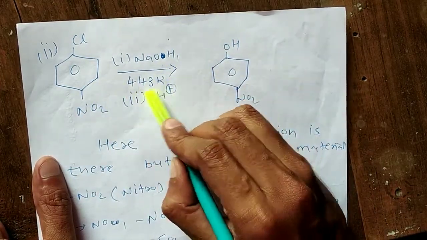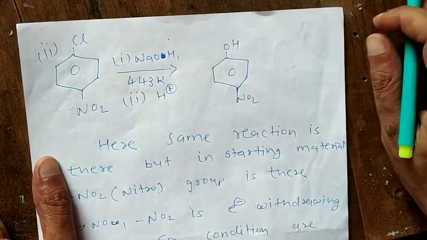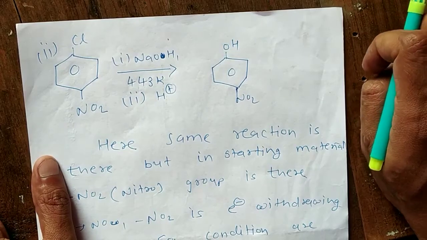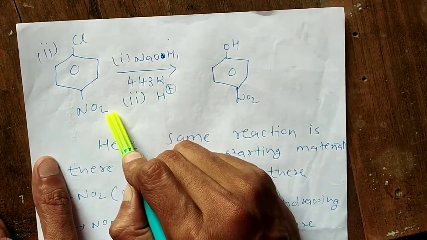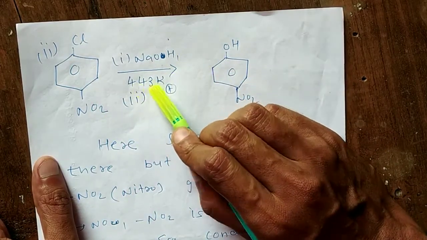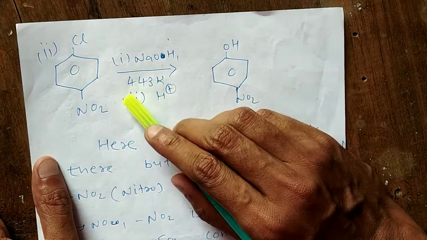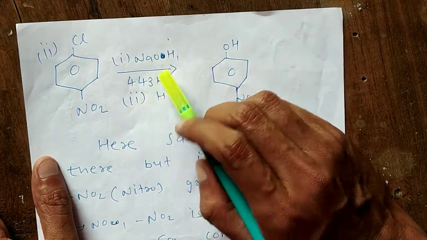So here you can see the temperature is slightly less. In the first reaction the temperature was 623 Kelvin. But when an electron withdrawing group is there in the starting material, the temperature changes to 443 Kelvin. Other than that it is the same.